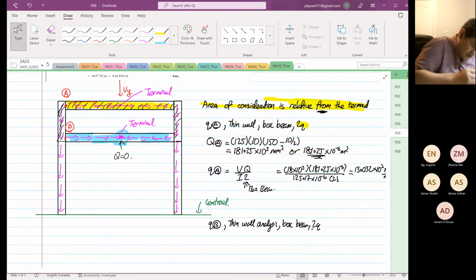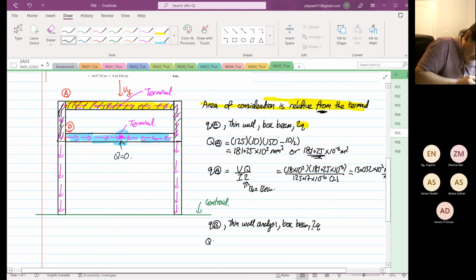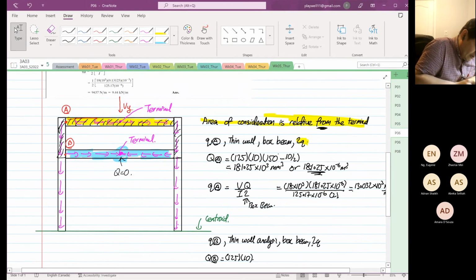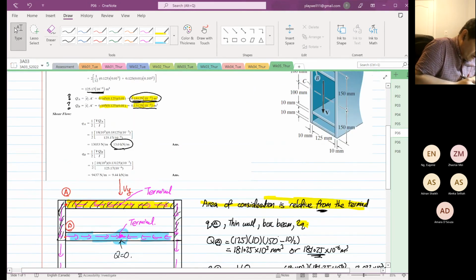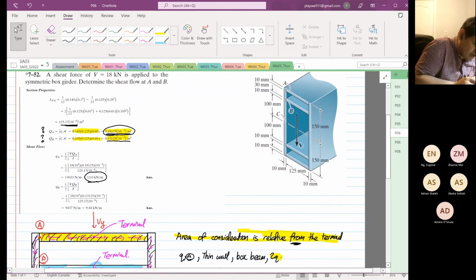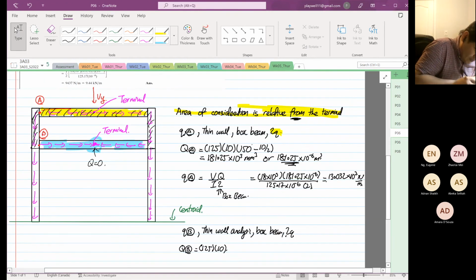So for this case, the Q at point B, we know that the width is 125. The depth is 10. The y bar, okay, now we have to consider the y bar. So it's 100 plus 10, so it's 110, minus 10 divided by 2.